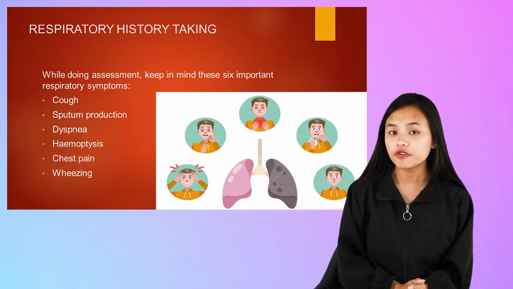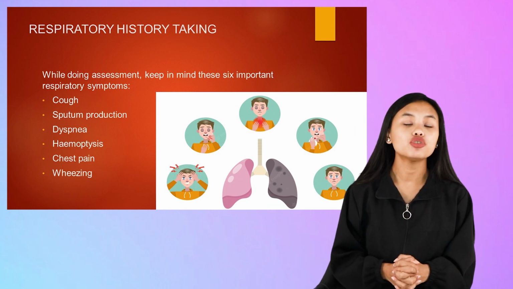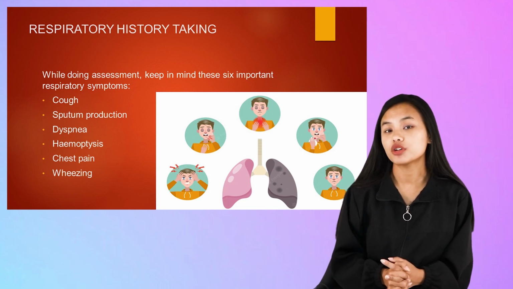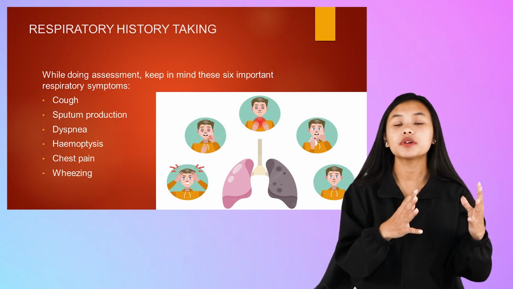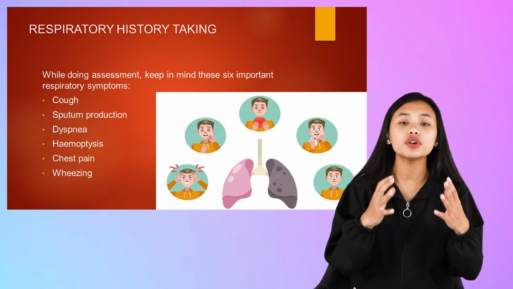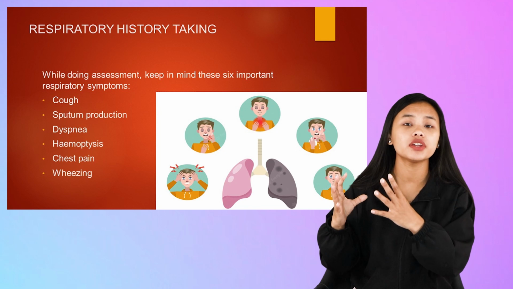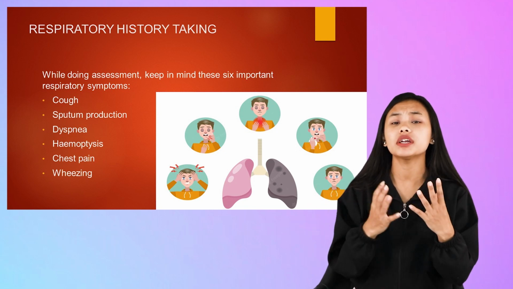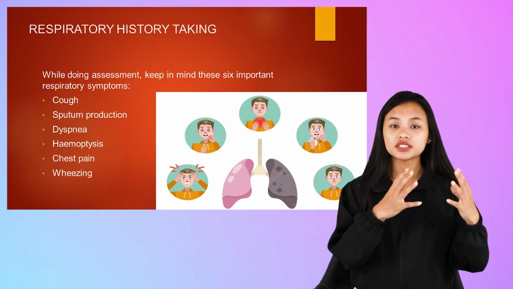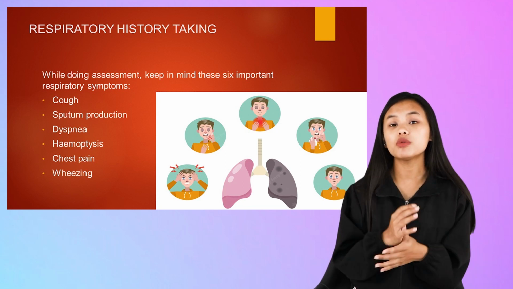Whenever you perform this respiratory assessment, you should keep in mind these 6 important respiratory symptoms. Why? Because here we will be assessing the respiratory system of the client, right? If a client is having any respiratory disorders or is suffering from any respiratory diseases, then these 6 symptoms will always be present.